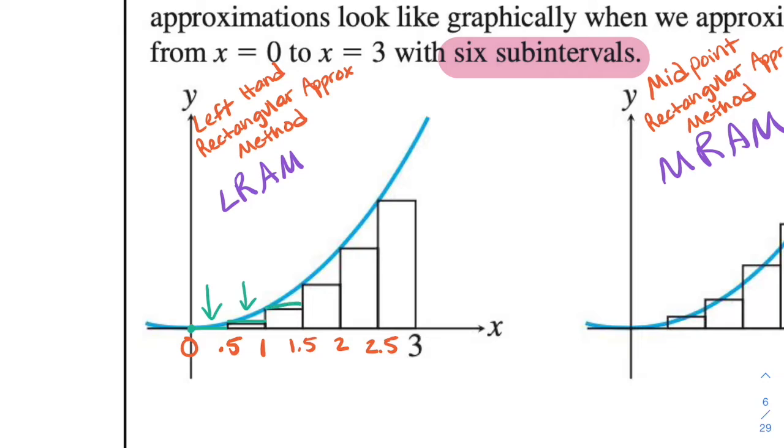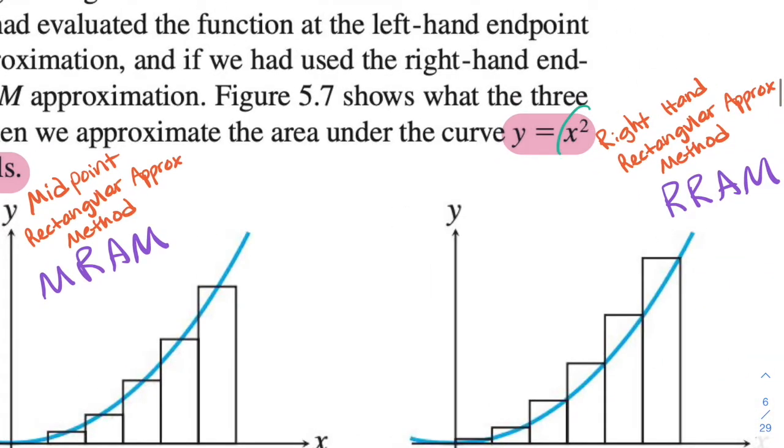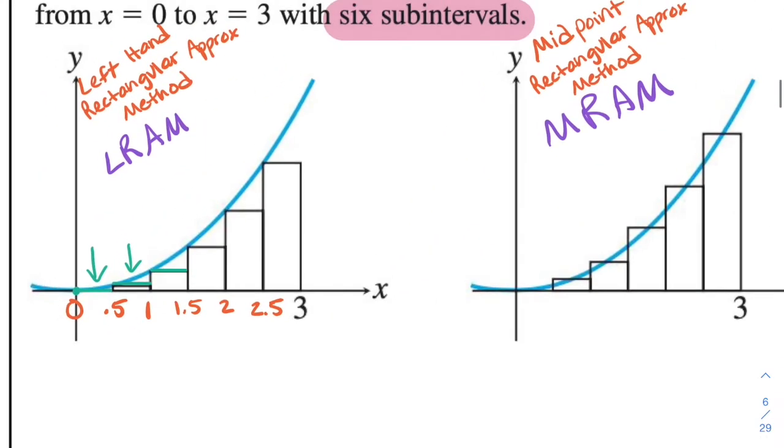This next one is 1 squared. Where am I squaring it? Well, that's the function they gave me. So what I'm going to do is calculate all those separately. So this is 1 squared, which is 1. So it's 1 unit high, and then it's 1/2 a unit wide. This next one is 1.5 squared.